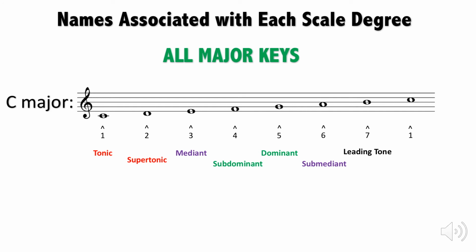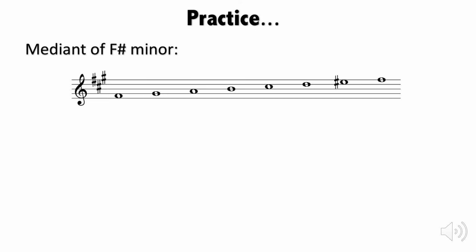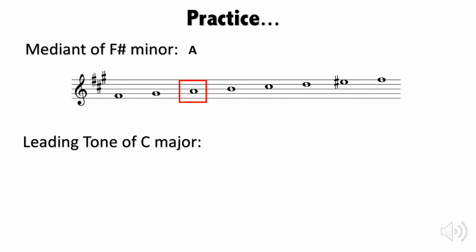Let's do some practice then. What is the mediant of F sharp minor? Well, we can first think about or write out the scale. We just learned that mediant means scale degree number 3, so the third note within the scale, and in this case it is an A. So the mediant of F sharp minor is an A. My next question is, what is the leading tone of C major?